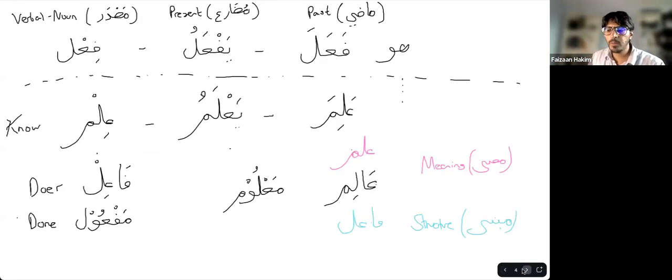Al-babu maftuhun. And one name of God now is Al-Fatih, the opener. And actually, one of the best ways to learn these roots and these verbs is to go through the names of God, which inshallah I'll do at some point. We'll study the 99 names of God, and in the process, we'll actually learn so many words and verbs.